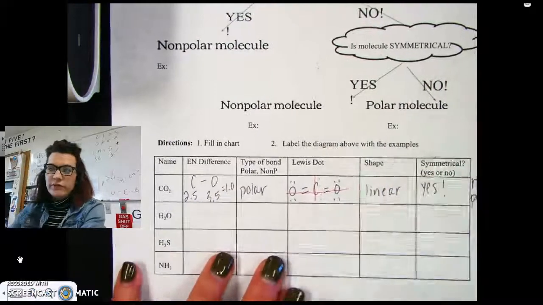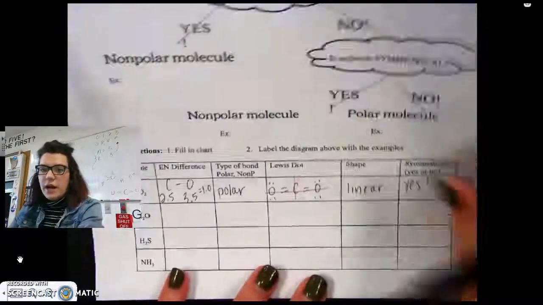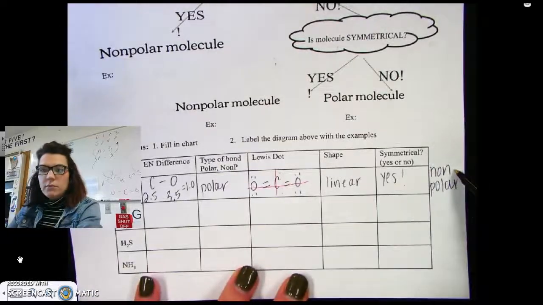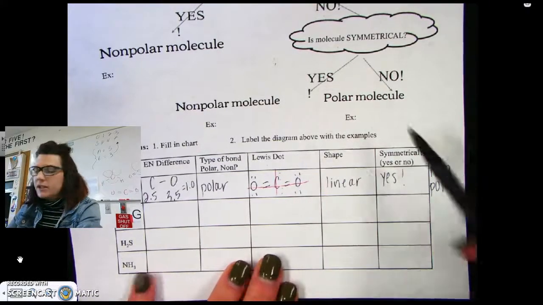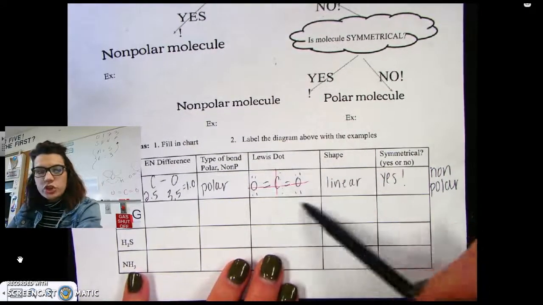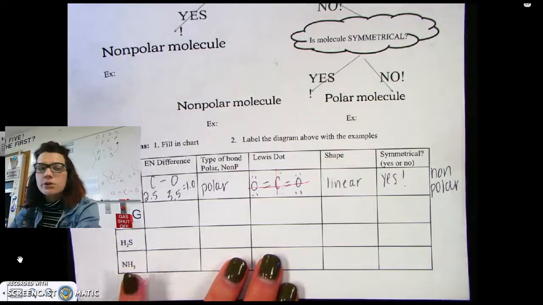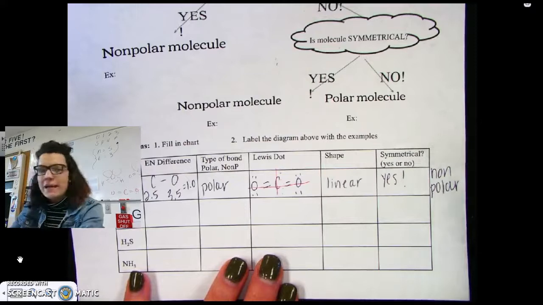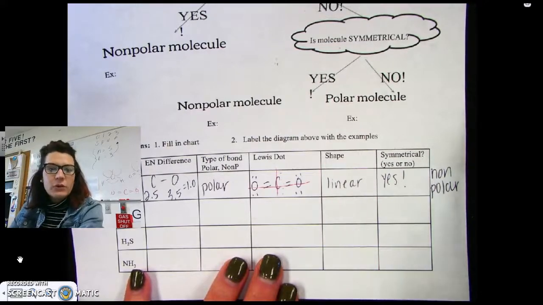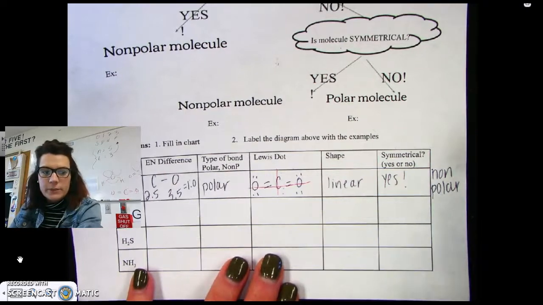So I just wrote nonpolar molecule, meaning there is going to be no charges on this species, meaning there's no partial negative, there's no partial positive. Everybody wants the electrons equally, and that's what a nonpolar molecule means.